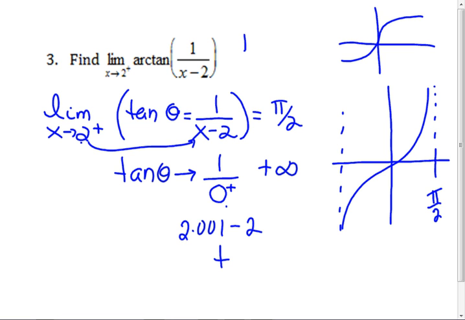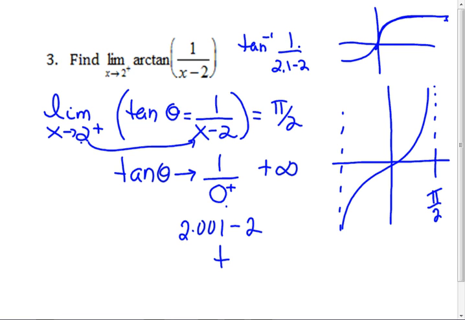It's the inverse tangent of 1 divided by 2.1 minus 2, which is positive infinity. I need you guys to be quiet. If you're not interested, that's fine. So if my x is going to go to 2 from the right, my function is going to positive infinity, what's the limiting value of that function? Pi over 2. So it doesn't matter which way you think about it.